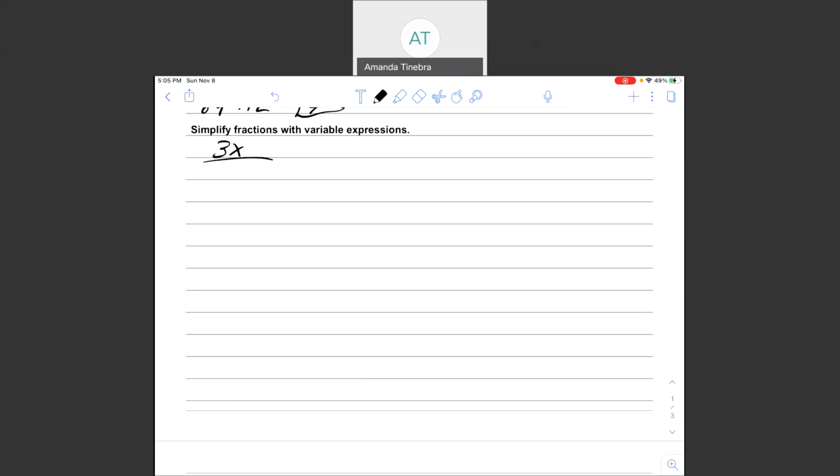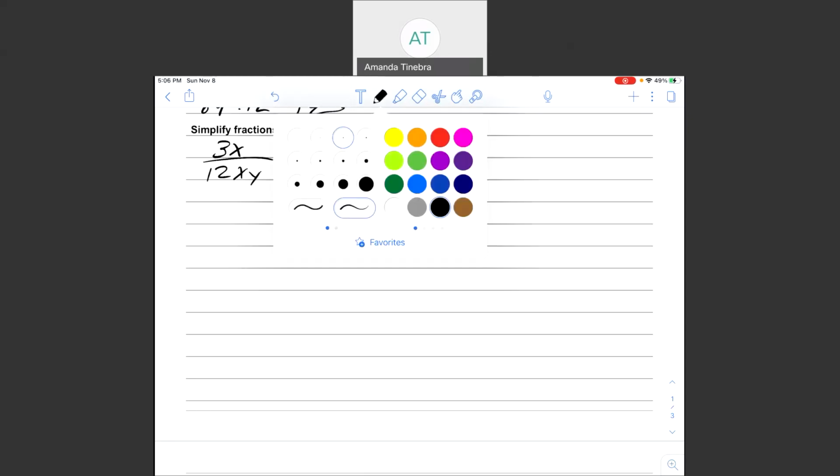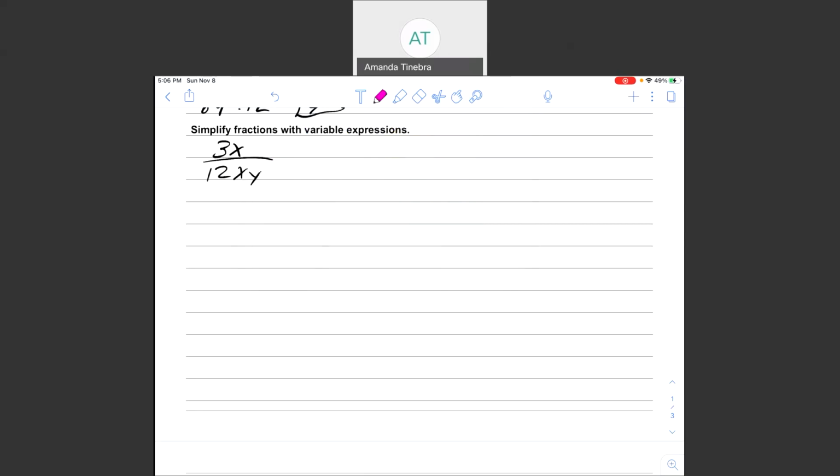3x over 12xy. So this is a fraction that has variables in it. We have x's and we have y's. If we want to simplify this, we want to divide out things that are the same on the top and on the bottom. One of the great things about this is that when we're simplifying, we're going to be able to see things that work together.